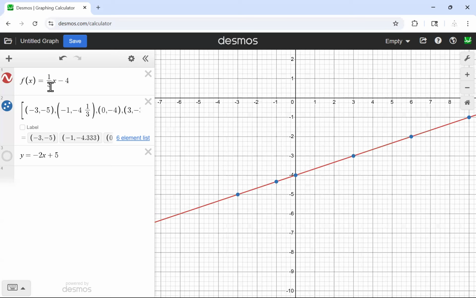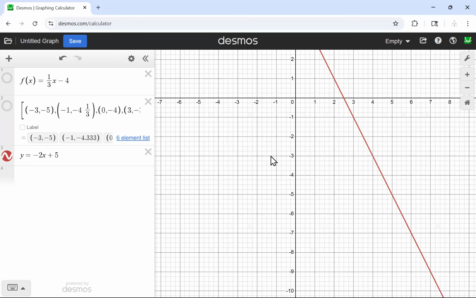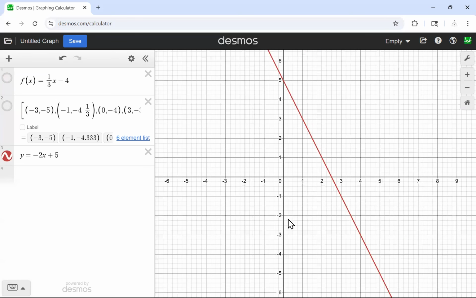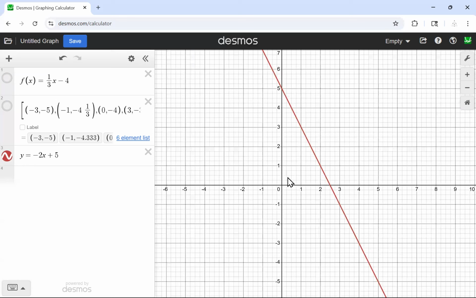And so that's what the slope is telling us. Now, in our previous equation, we had y equals -2x plus 5.